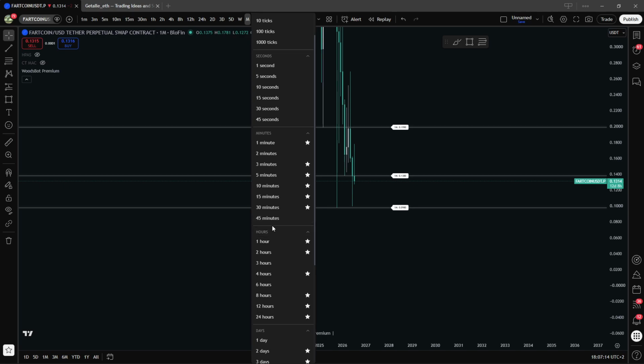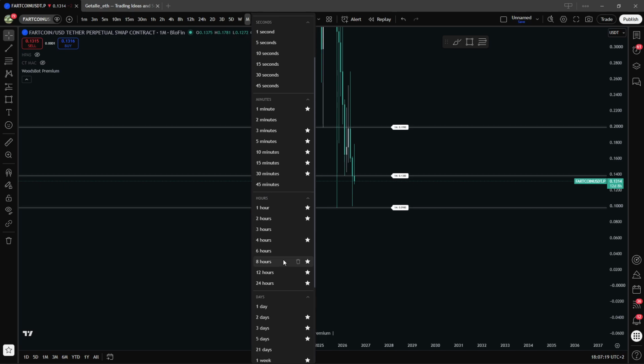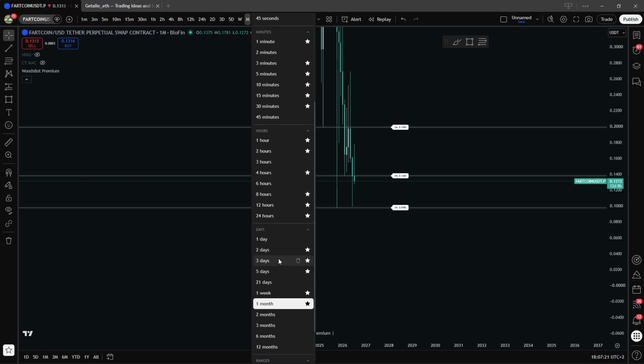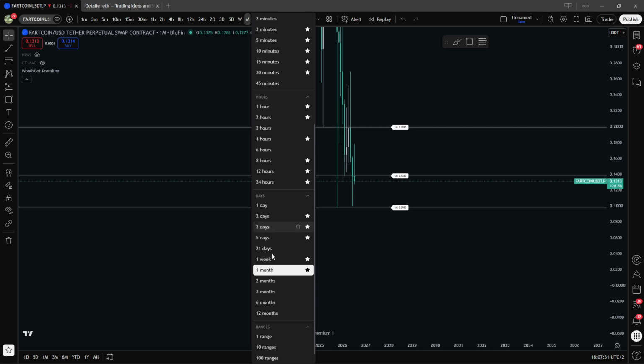I know Woods uses the 8-hour time frame, for example, which isn't really common for most people. Another time frame I think is underused is the 21, because 21 is a Fibonacci number, so there is some crazy value to that as well.